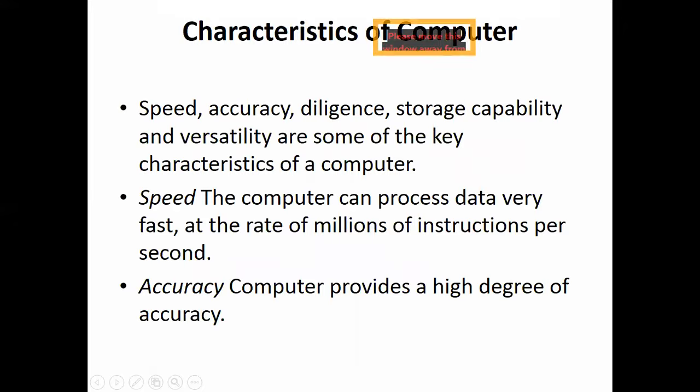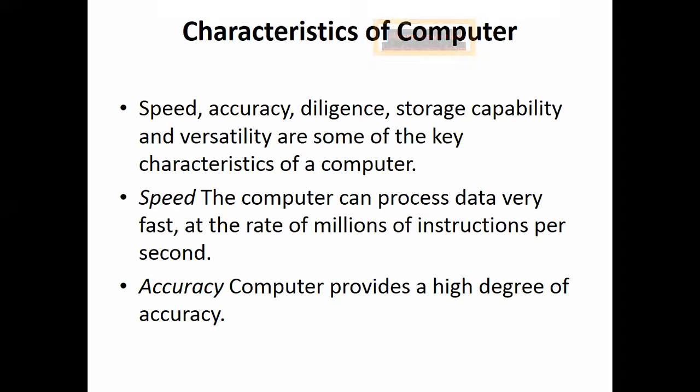All right. The last thing I'll talk about in this video is the characteristics that have made computers attractive. Remember, I started this video by saying that wherever you go, you are likely to find a computer being used. But what is it about the computer that has made it so attractive?